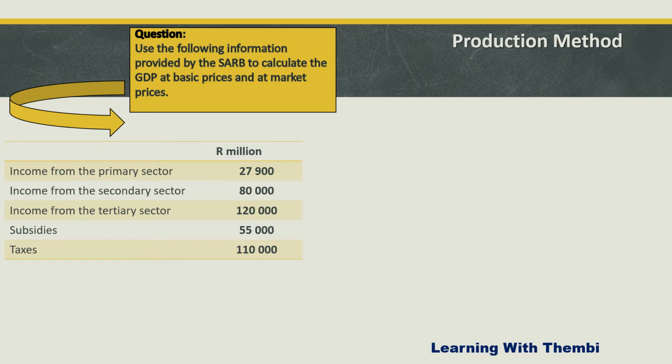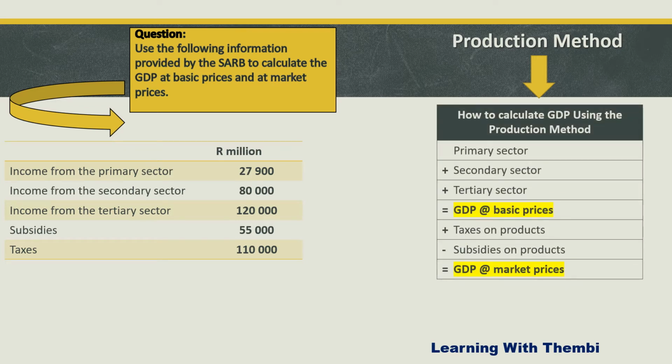So the information that you're given here, you can see you've got the income from all sectors of production, which is the primary, the secondary, and also the tertiary sector. And another information that you're given is the amount of subsidies and the value of taxes. So you always have to remember the formula that you have to use when calculating the GDP using the production method.